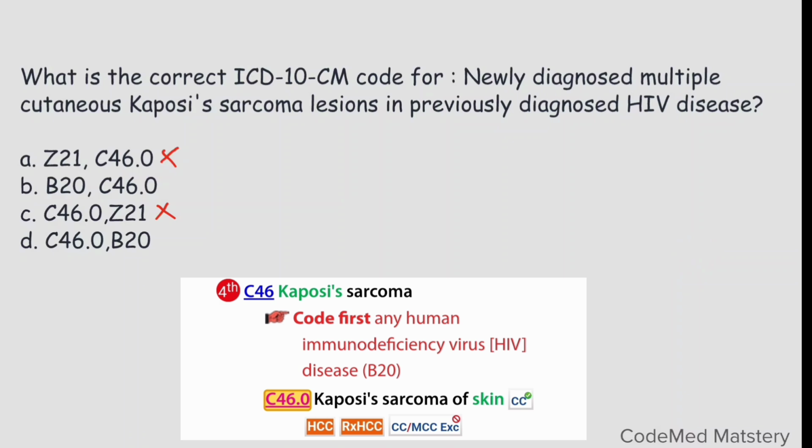Above the code C46.0, they have mentioned code first any human immunodeficiency virus disease, B20. So we have to code B20 first. So option B is the right answer. Option D is wrong. If the patient is admitted for an HIV related condition, then the principal diagnosis should be B20. I hope you're clear with it.